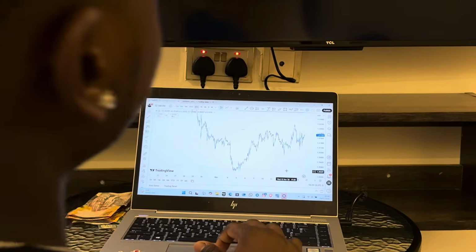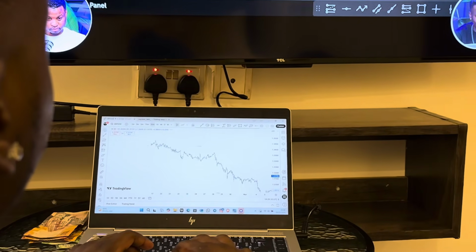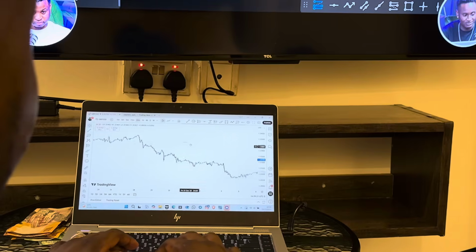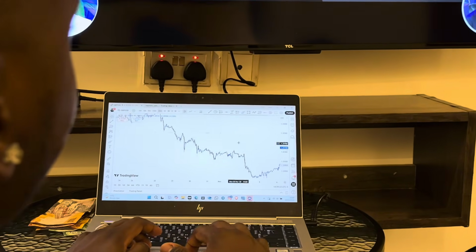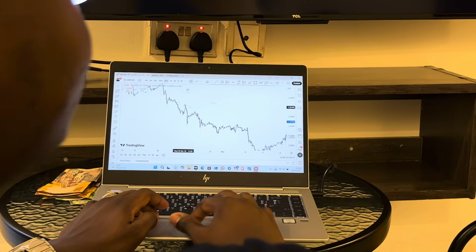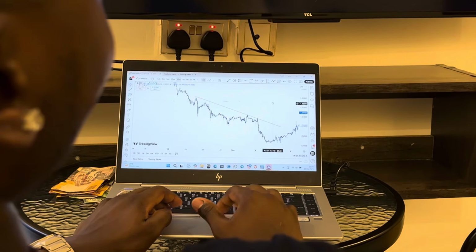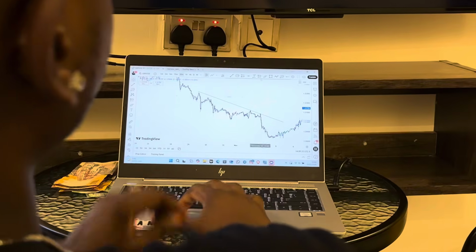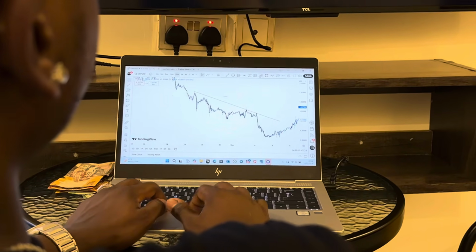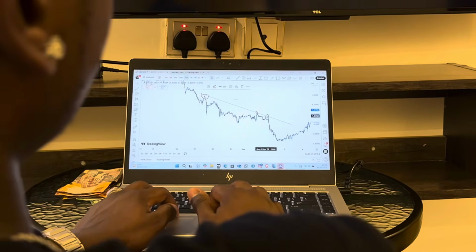First, we must identify the structure of the market. For example, at this point here, your market was bearish. So what I need to do was to draw any point like this. You see, trend lines are always respected. You just use this point, this one, and this one. The market what?